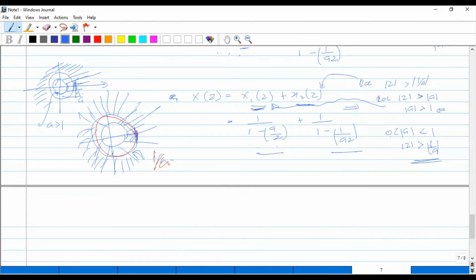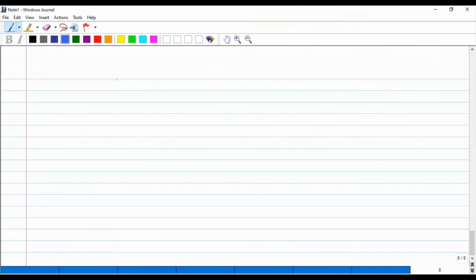So we get the common intersection of both ROCs. So we have X(z) as 1 by (1 minus A by Z) plus 1 by (1 minus A Z).